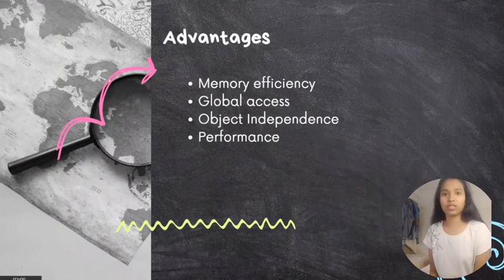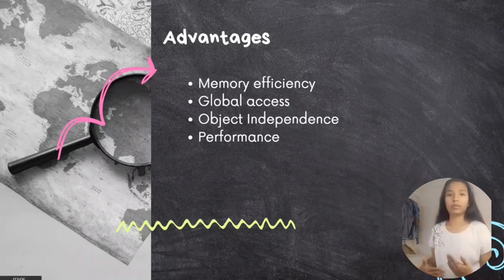So now we'll see what are the advantages of static. First one is memory efficiency. As we are using a single copy for the whole class, we don't need that particular memory multiple times. What happens with instance variables or normal non-static methods? You will get memory multiple times. For every object you will have a different memory.